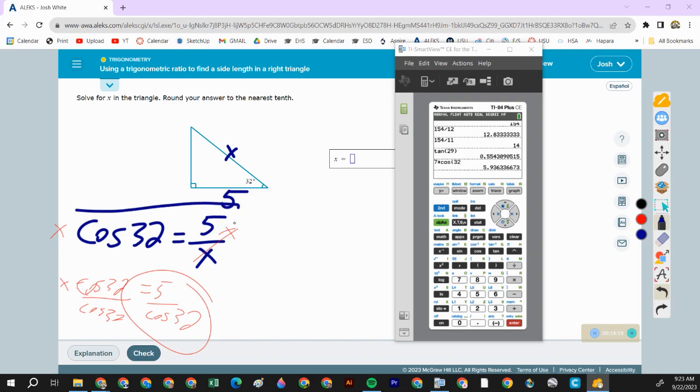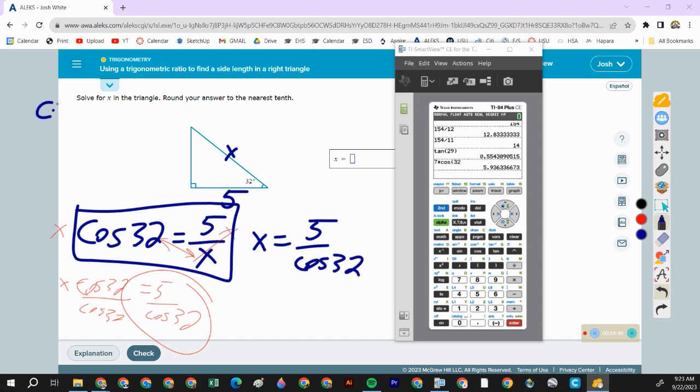From this problem here, what did we really just do? We just switched places with the x and the cosine 32. So I refer to these as switch problems, and we're just going to flip these. And we get x equals 5 over the cosine of 32. So let me remind you that first one we did.